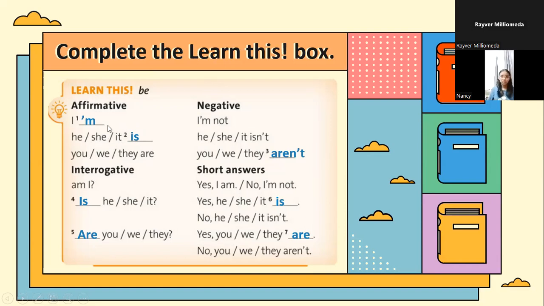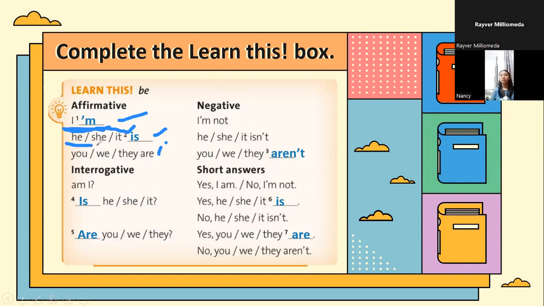So I think we don't need to answer this. I'm just going to explain. So this is talking about I, you, he, she, it, we, and they. Number 1 is I'm. Number 2, he, she, it is. And number 3, you, we, they are.